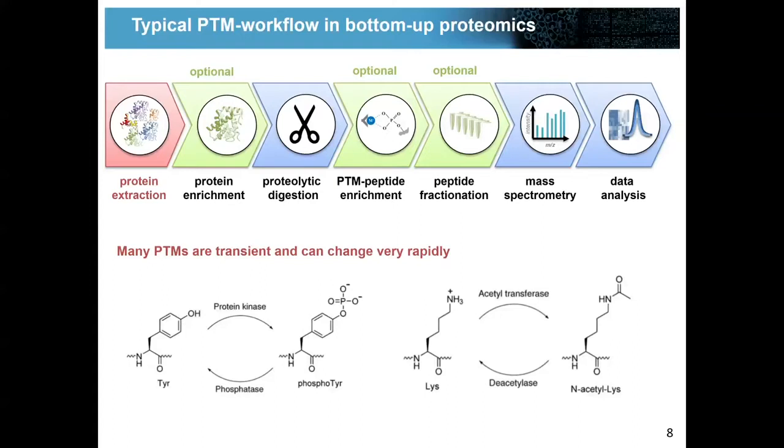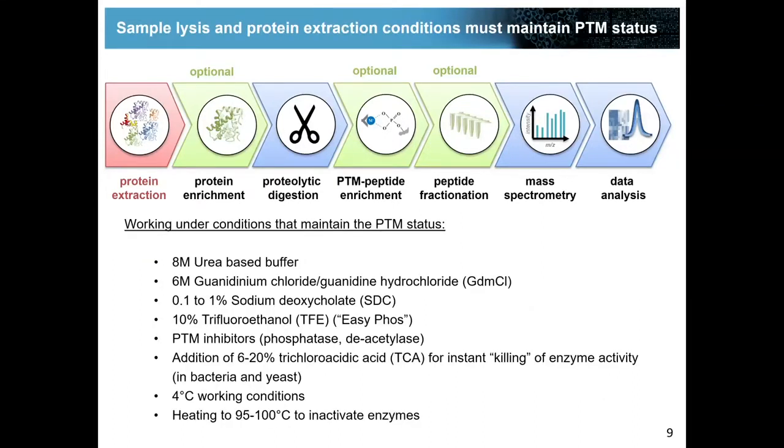That's why, when you perform protein extraction, the very important point to keep in mind is you must somehow maintain the PTM status on your protein. You must make sure that this PTM does not change during your extraction process. What people do in the field to achieve exactly this is work with buffers or lysis processes that contain 8 molar urea, for example, to completely denature all protein activity.